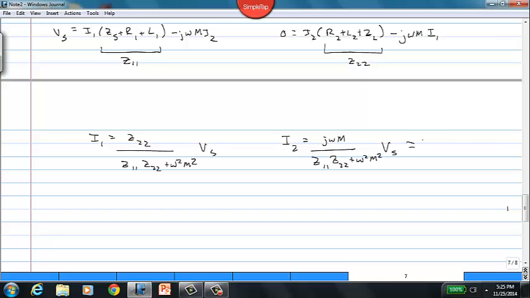That allows us to simplify this as j omega times M over Z22 times the quantity I1.